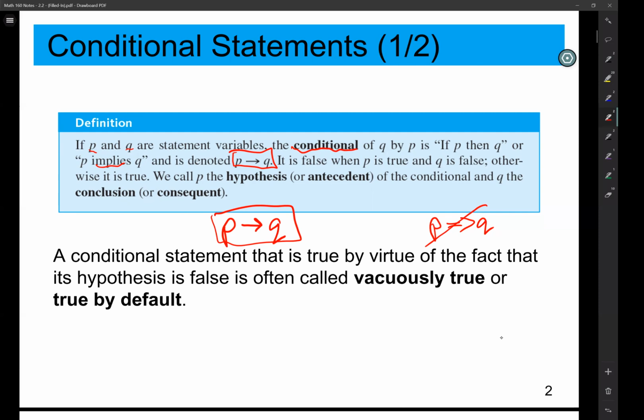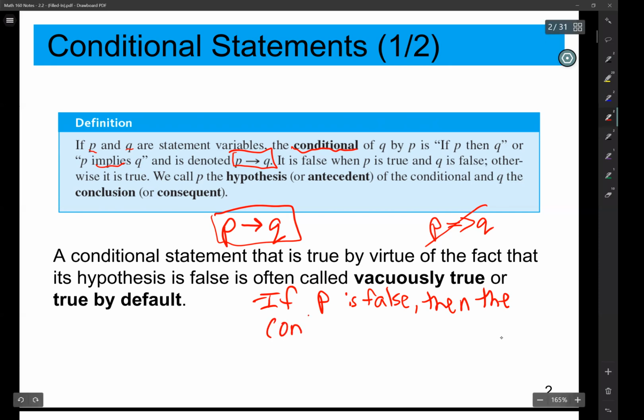Now, what's weird to start right off the bat is that we're going to be talking about how to verify if a conditional is true. But there's this weird case where if the hypothesis P is false in your conditional, then the conditional statement as a whole is true.